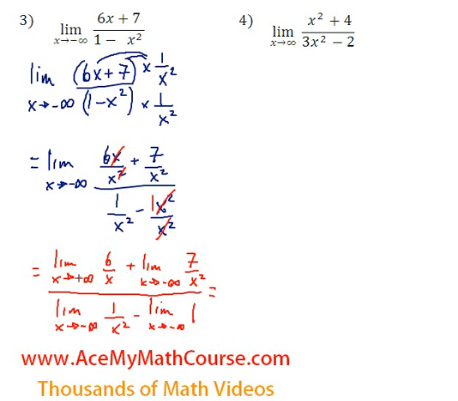Okay, so right here in the numerator we have the limit as x approaches negative infinity of 6 over x.